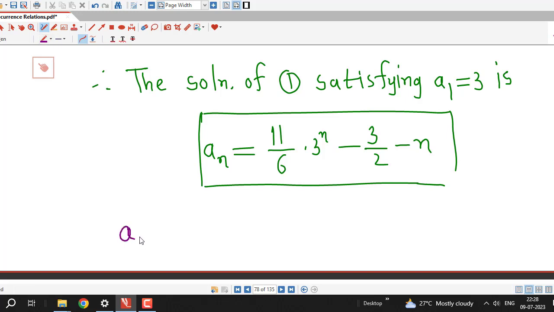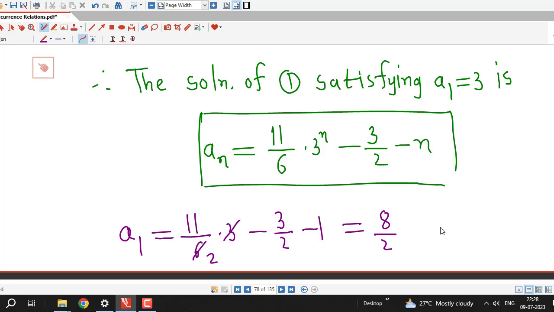We can put n equal to 1 and we can see whether we obtain a1 equal to 3 or not. This is 11 by 6 into 3, minus 3 by 2 minus 1. Here with 11 and 3 over 2, I have 11 minus 3, that is 8 by 2, that is 4, and minus 1, which is equal to 3.